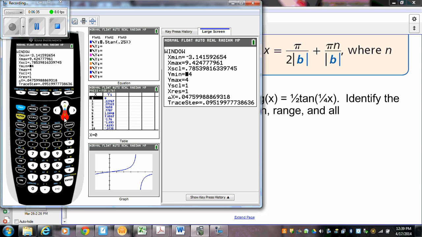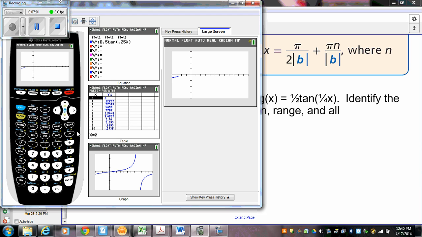And then I want your y minimum to be negative 4, your y maximum to be positive 4, and your y scale to be 1. Once you have set all of that, so that was negative pi, 3 pi, pi over 4, negative 4, 4, 1. And if you need to pause this for a second to get your window set up, then pause it or rewind it and listen to those numbers again. Then hit graph.